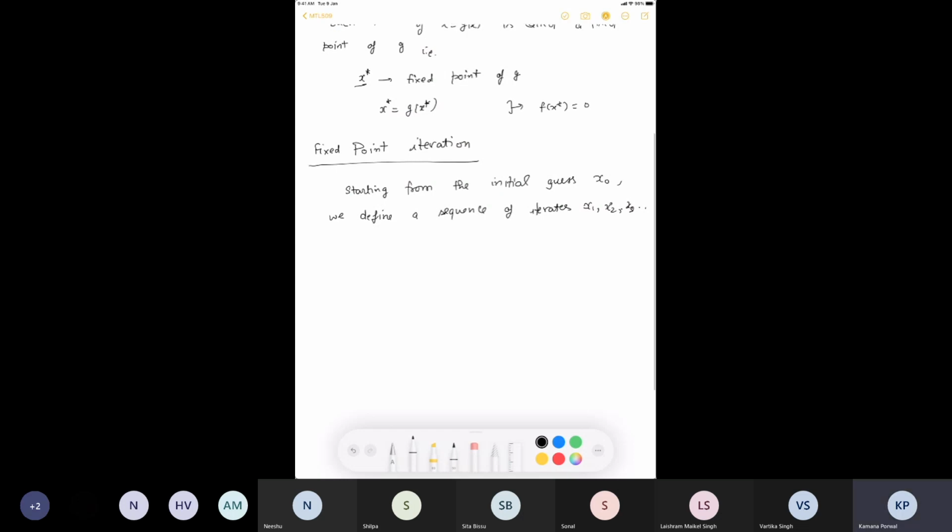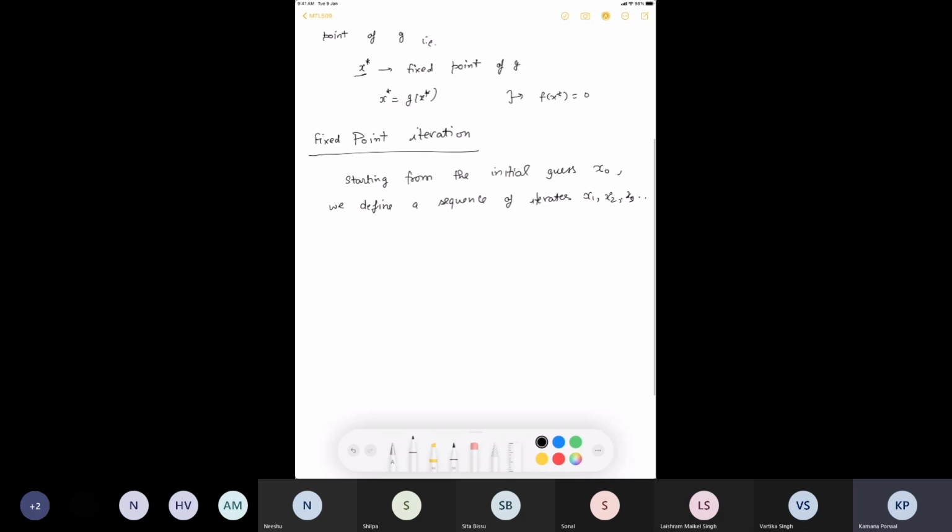All right, so how do we find the x1, x2, x3? Knowing x naught, or in general knowing xn, I'm going to compute the xn+1 by evaluating g at xn. Okay, so this method is known as the fixed point iteration method.